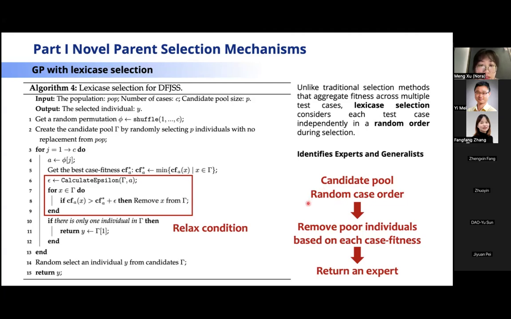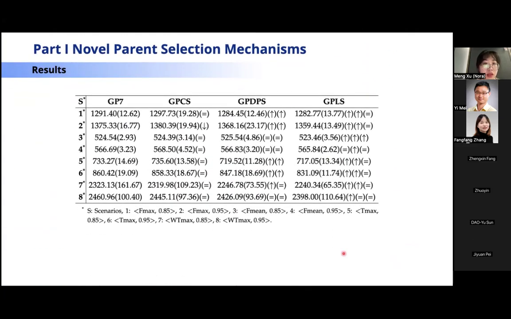Then based on the case order, we remove individuals based on each case fitness. And finally, we will return an expert as a parent. And here are the results of comparing cluster selection, diverse partner selection, and lexicase selection with traditional genetic programming. As we can see, overall, genetic programming with lexicase selection performs the best.